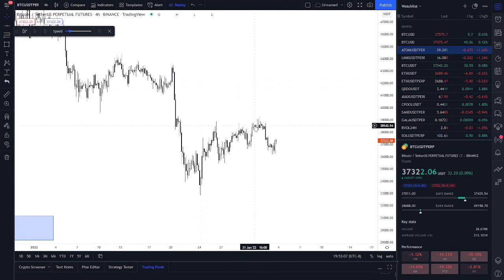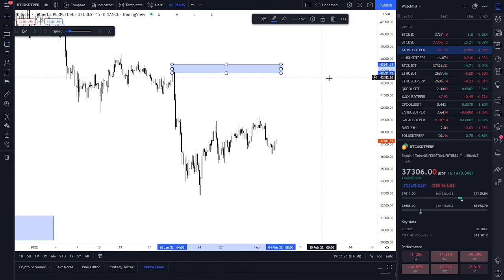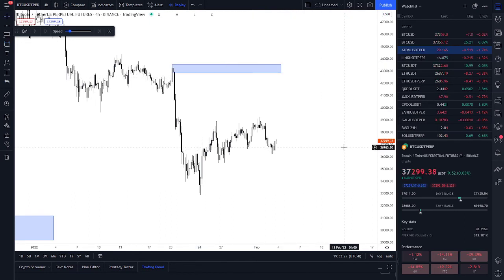We have upwards movement, consolidation, downwards movement. This is an order block. Same with here. Order block. We went down, up, then down.